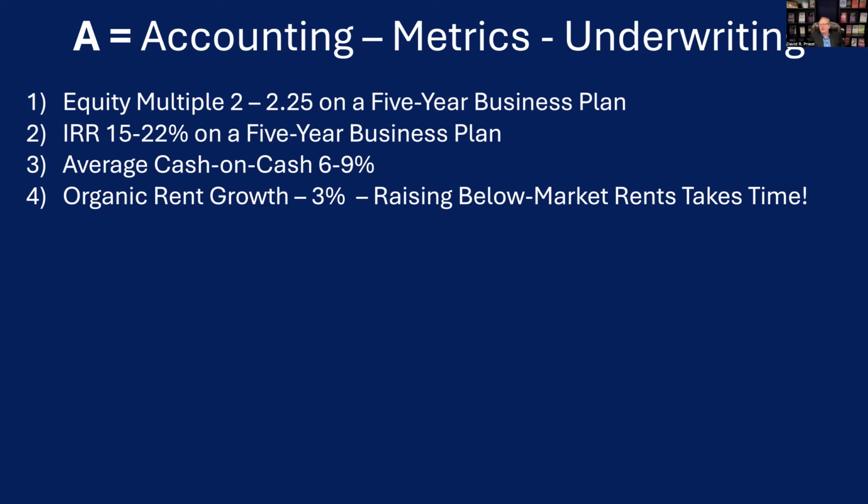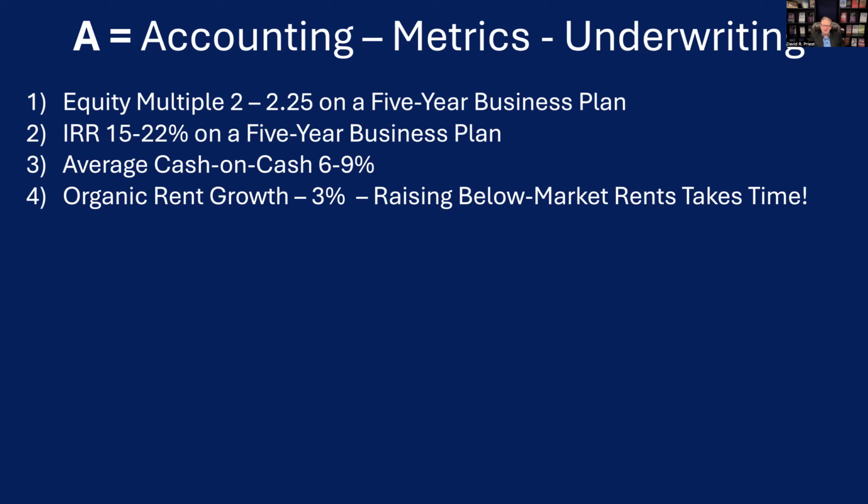If you go into a property and they say, hey, the rents are 15% below market, and you go in and try to raise everyone's rents $150 a month, your occupancy is going to drop significantly. So if you raise rents, let's say 10% on everybody, and the occupancy falls 10%, did you raise rents at all?